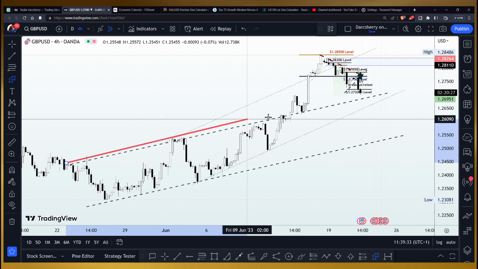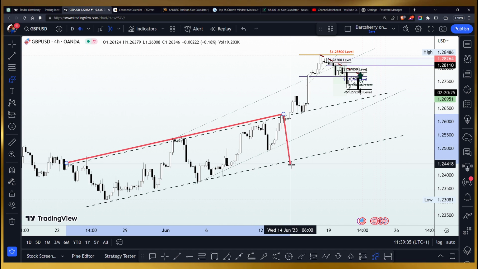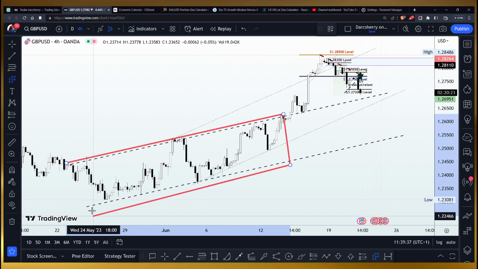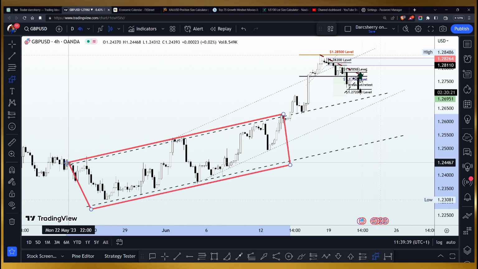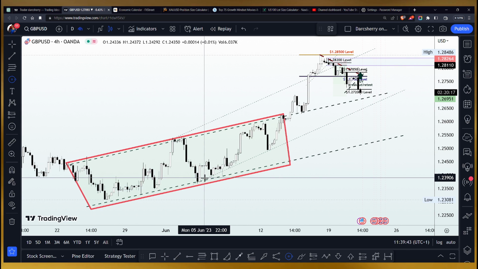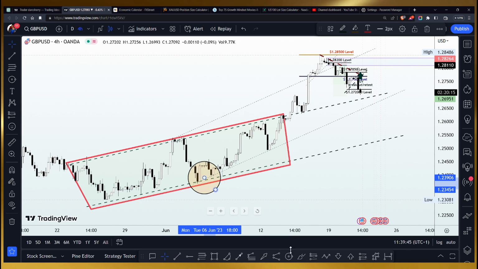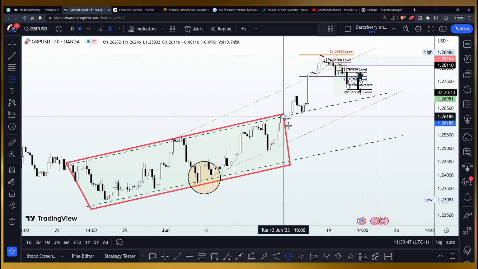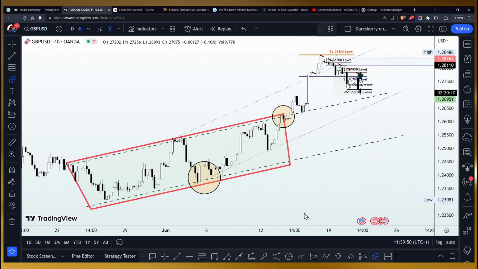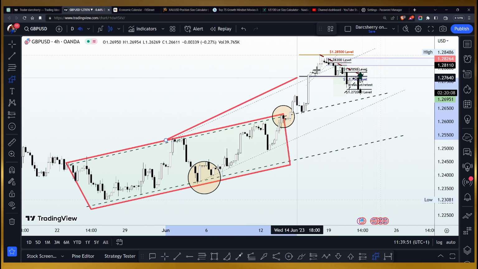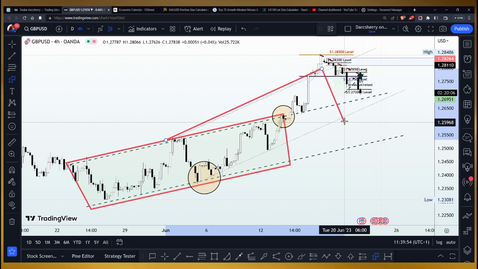So we had the first trend line here. So we had the first ascending channel here. Then we saw some deviation happen in this market at the beginning of this month, leading to the breakout of this resistance line, giving us a new ascending channel to work with for this week.